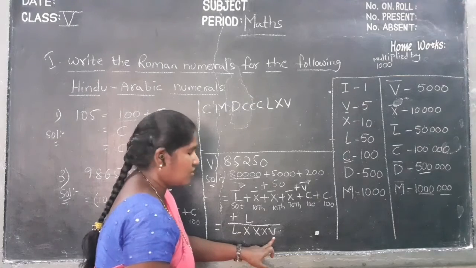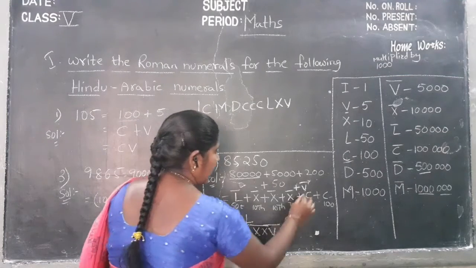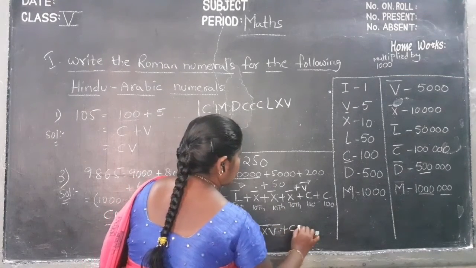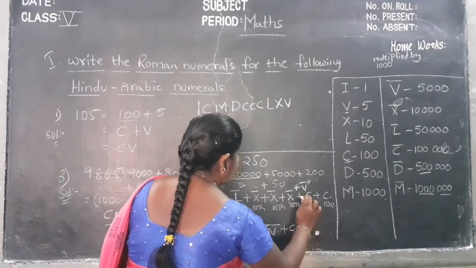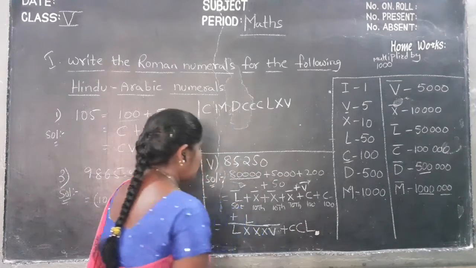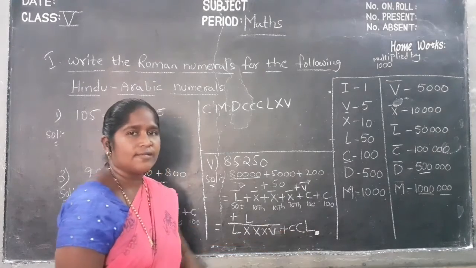Again we have 5,000, which is V bar. So the answer is L bar X bar X bar X bar V bar C C L.